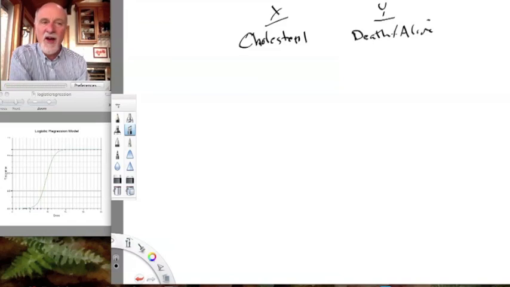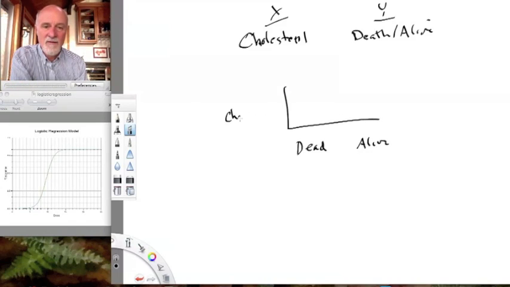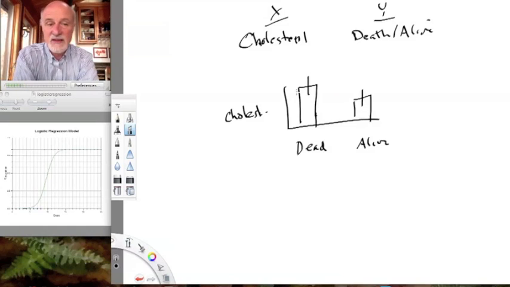Often what people will do is compare the cholesterol levels, dead versus alive, and you'll see that the individuals that died over that period of time had higher cholesterol levels than individuals that lived.